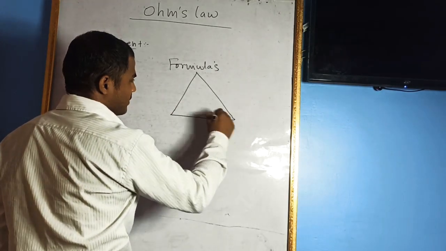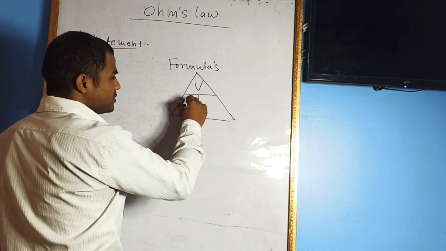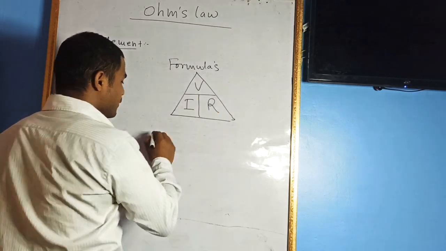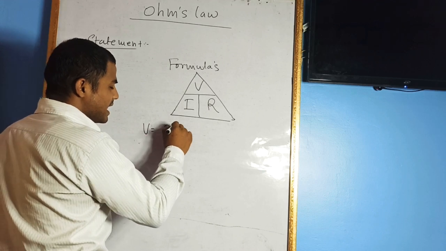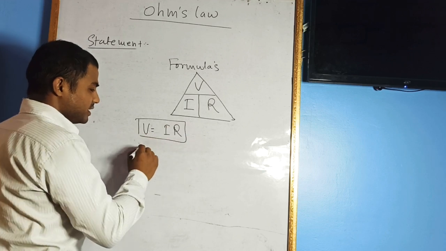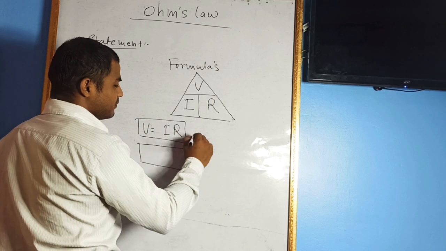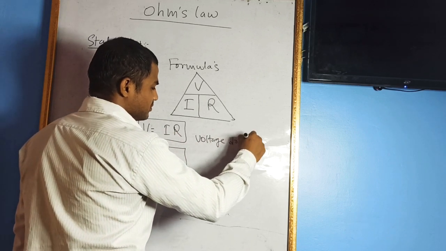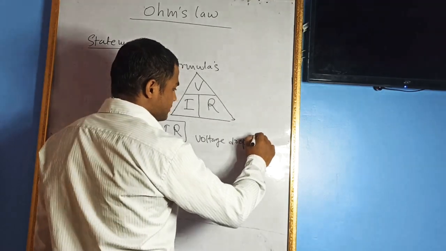There are three terms used in Ohm's law: V, I and R. V equal to IR. We can determine the value of voltage drop, or applied voltage, through this formula.